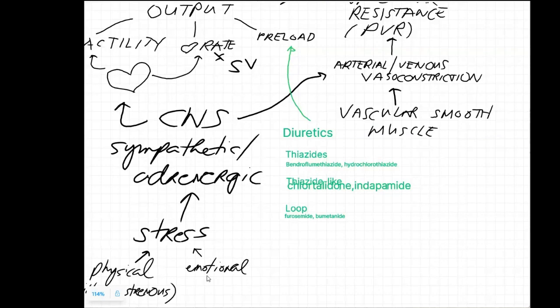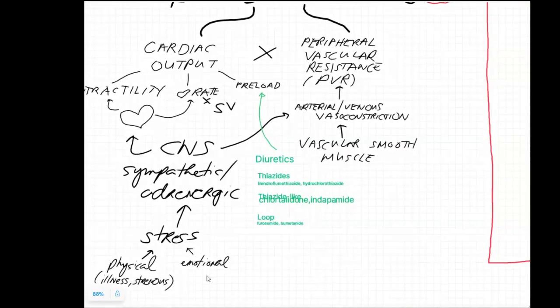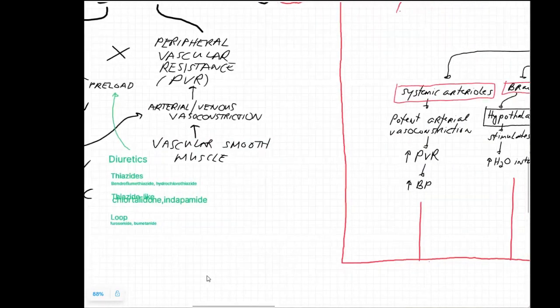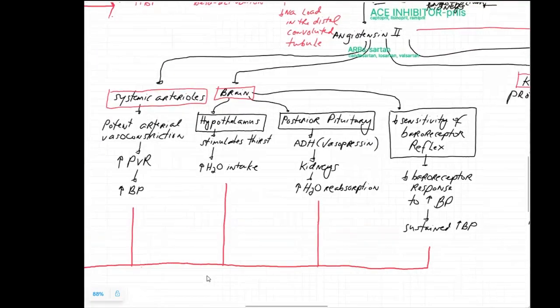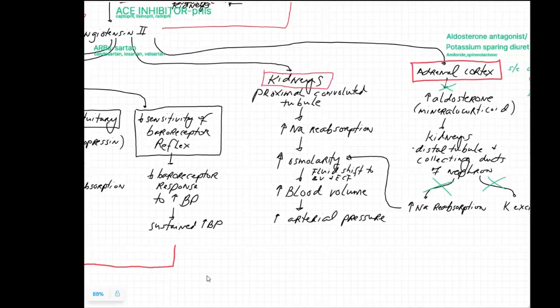When we decrease the preload, it decreases the blood pressure because of the decreased volume, the decreased cardiac output. It also causes less strain to the heart, so in essence you're helping a patient who has perhaps heart failure.